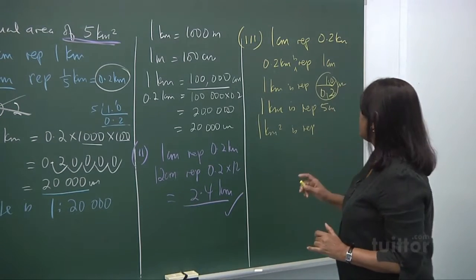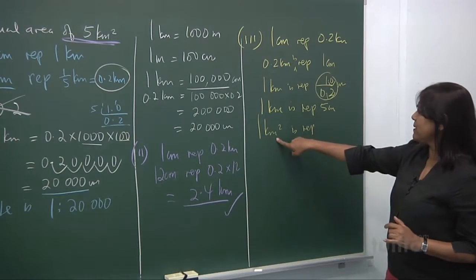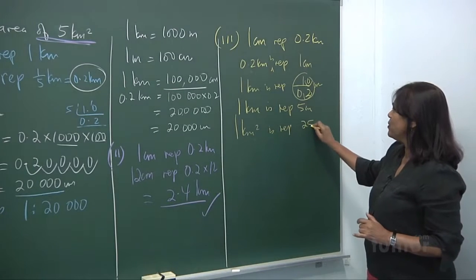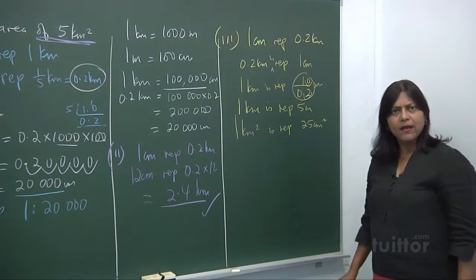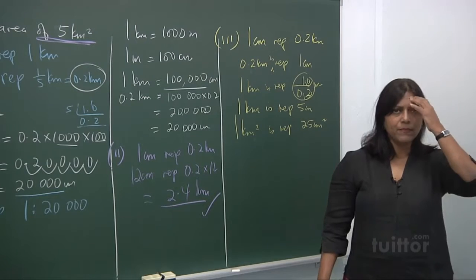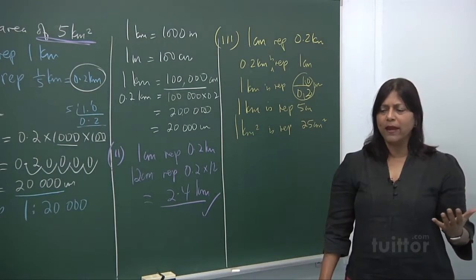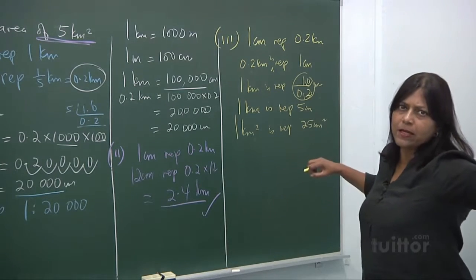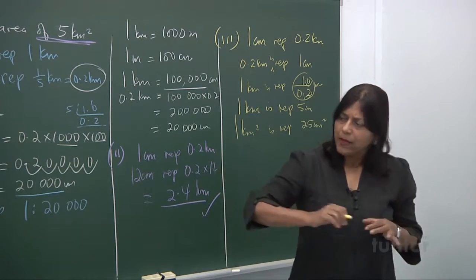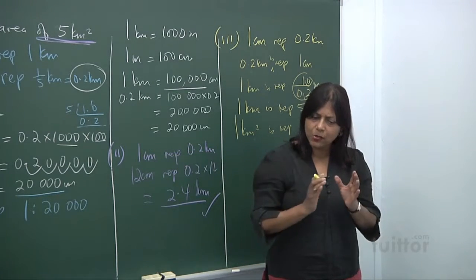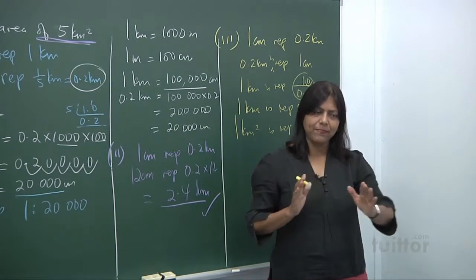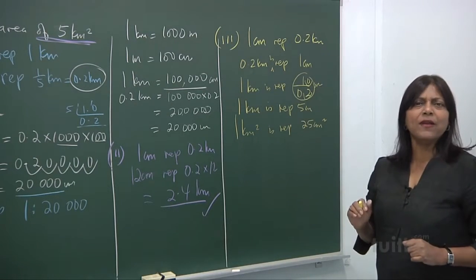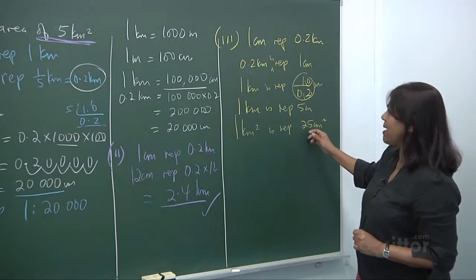So 1 kilometer squared will be represented by 5 cm times 5 cm, 25 cm squared. I hope you've got that picture. When you talk about 1 kilometer squared, it's a length of 1 kilometer and a breadth of 1 kilometer. But this length, when you put it into a scale, is 5 cm. 5 by 5 area, you get 25 cm squared.